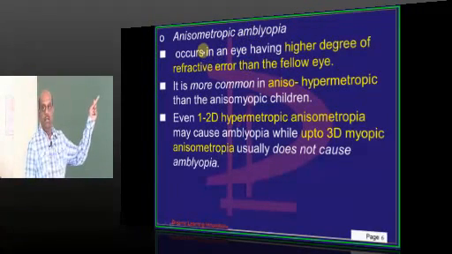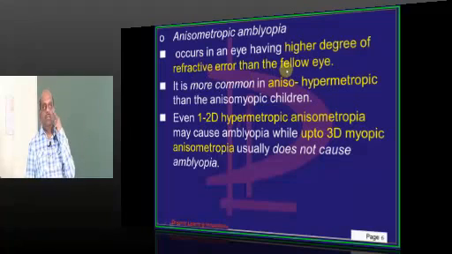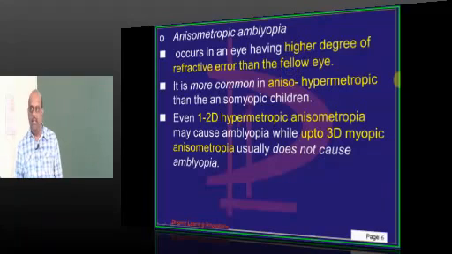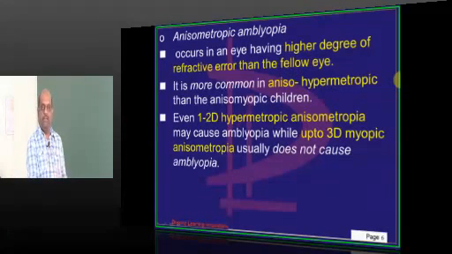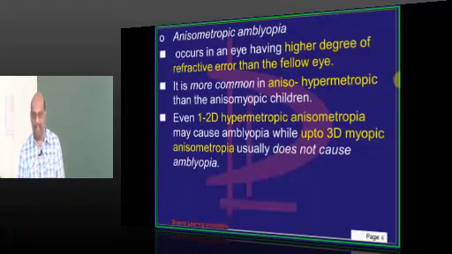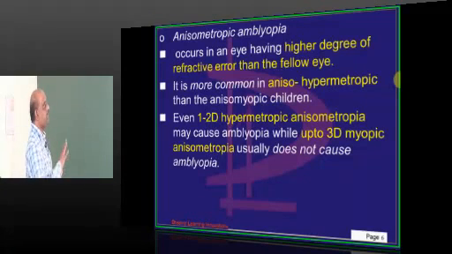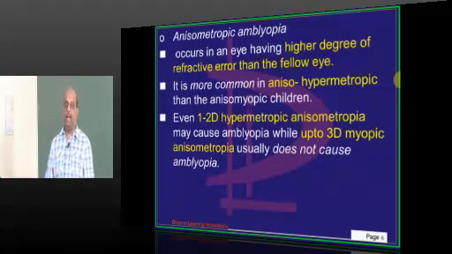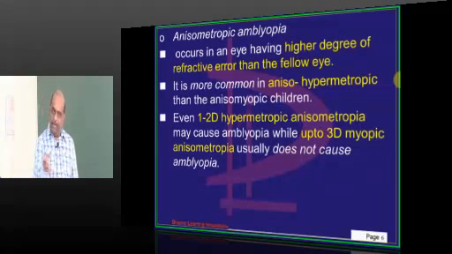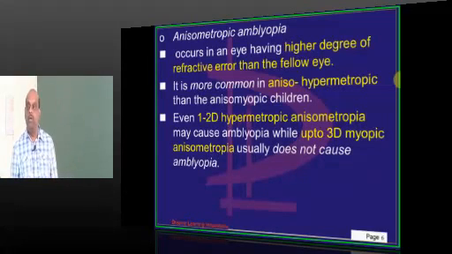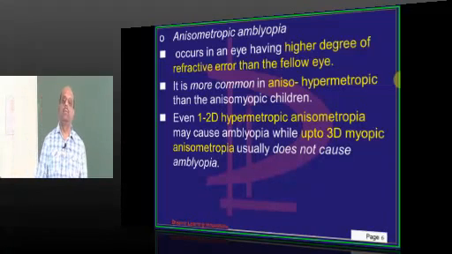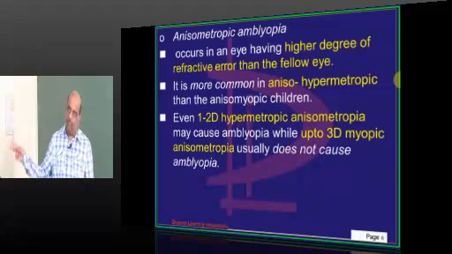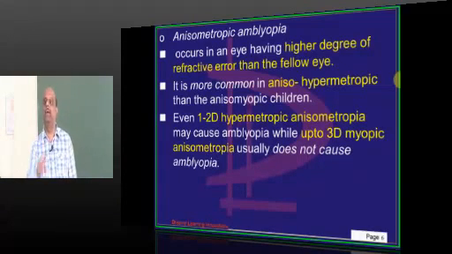Then if any refractive error is more than that of the fellow eye, then the fellow eye only will be working and the eye with the refractive error will stop working, which is called anisometropic amblyopia. Now, doctor, there are two kinds of refractive errors: hypermetropia and myopia. Hypermetropic anisometropia is more likely to lead to amblyopia than myopic anisometropia.